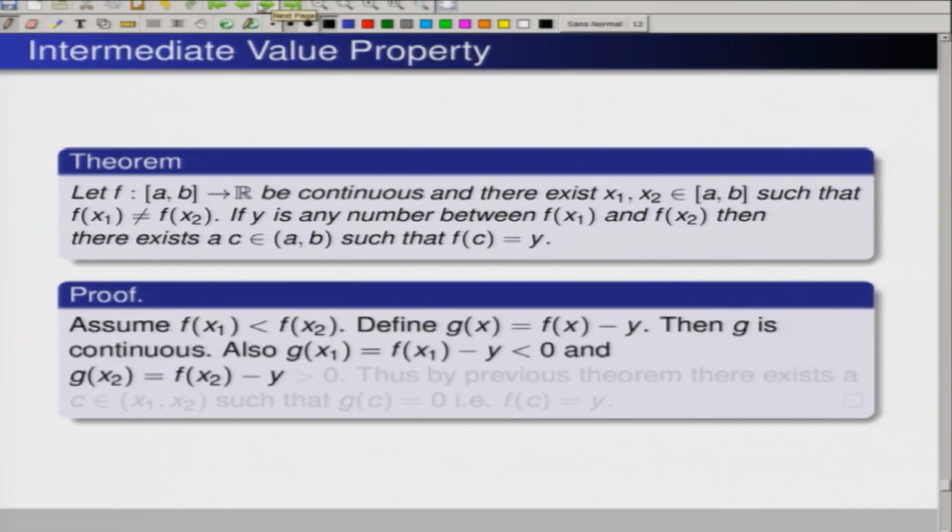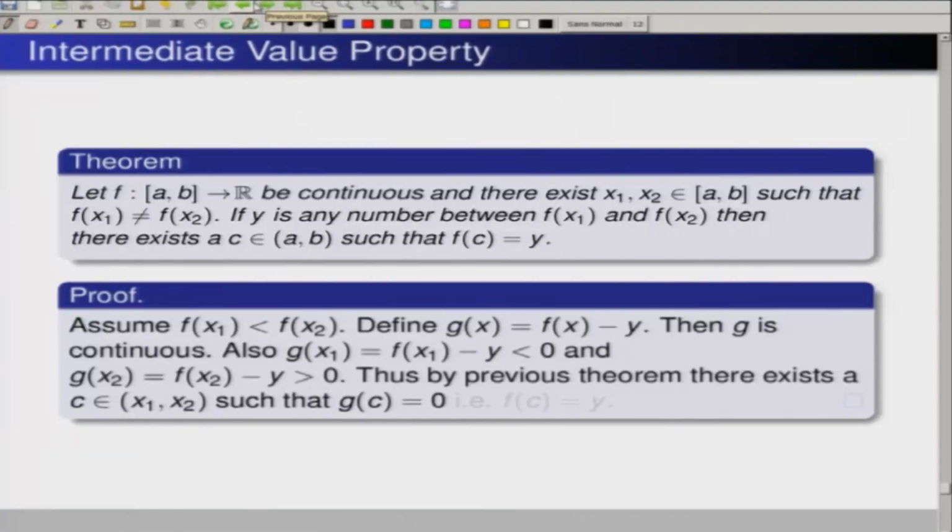Similarly, if we look at g of x 2, which is equal to f of x 2 minus y. Now, y is less than f of x 2, therefore, f of x 2 minus y is greater than 0. So, for this g, by the previous theorem, at x 1 it is taking a negative value and at x 2 it is taking a positive value.